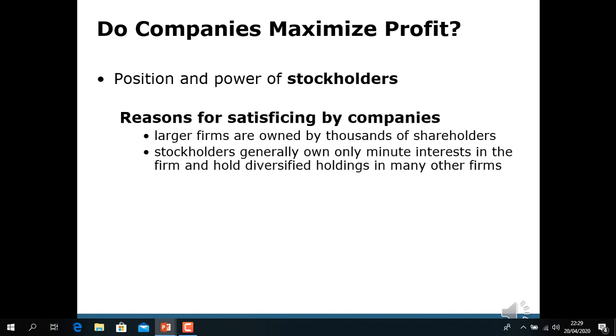From the example of the case of Freeport McMoRan Company, we can know that the position and strength of shareholders are important factors that must also be considered by the company if it wants to increase its value and profit.